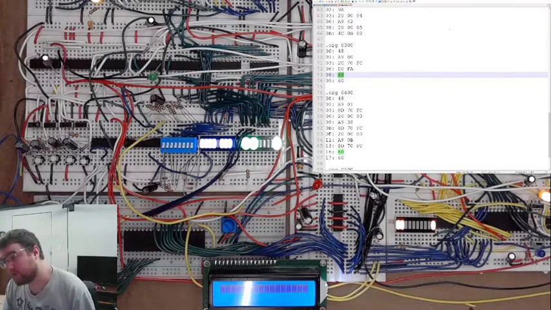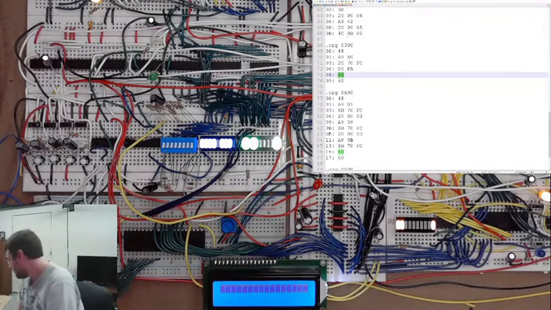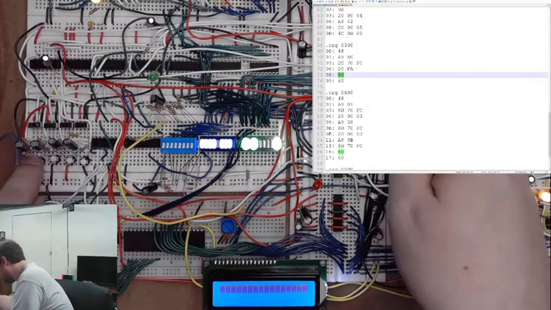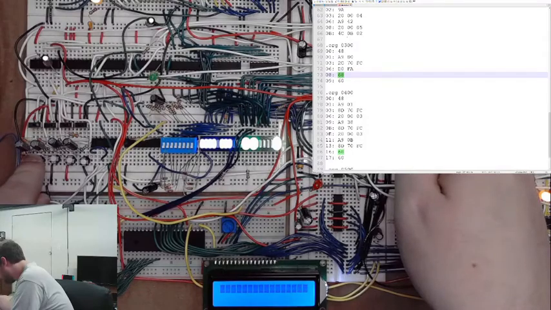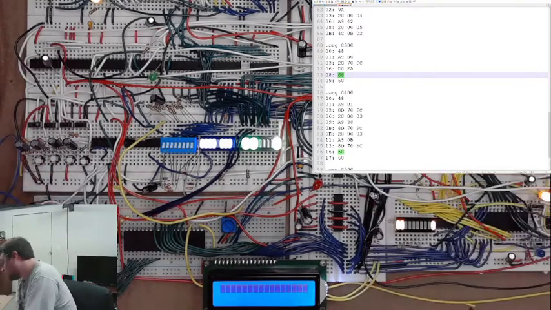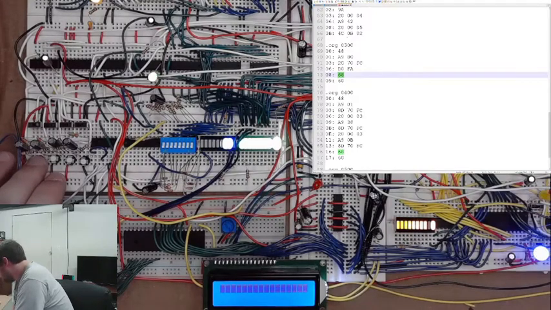I have no idea what it will then read from stack, but it won't be correct. So let's go ahead and let's reset. Okay, and let's get back to just location 3.